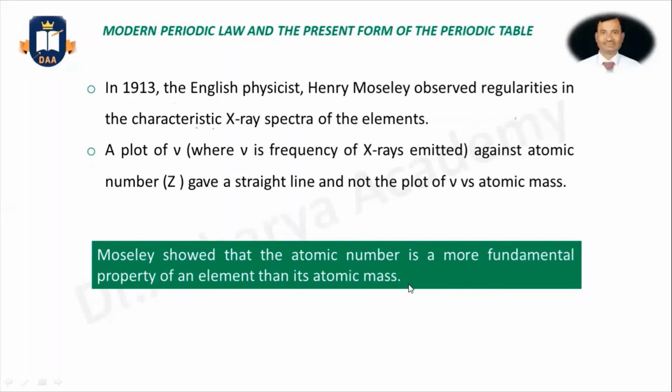So the number of protons, that means the atomic number, is the fundamental property of an element, and that's why a straight line has been drawn with the frequency of X-ray emitted against the atomic number.